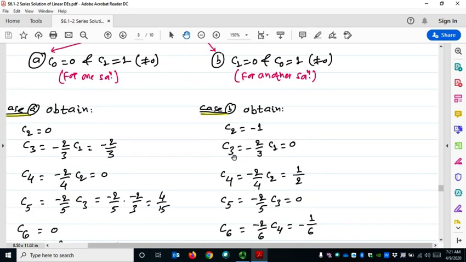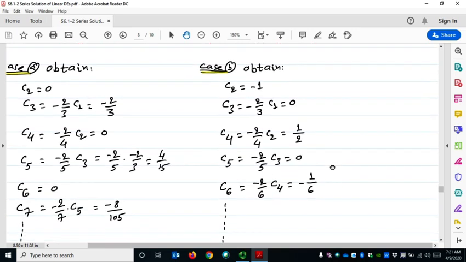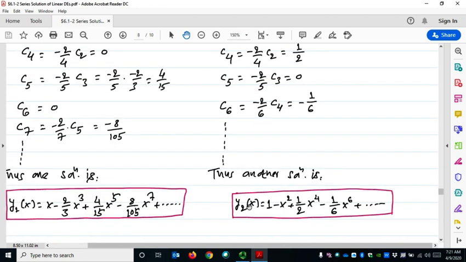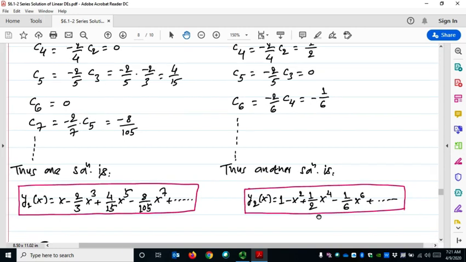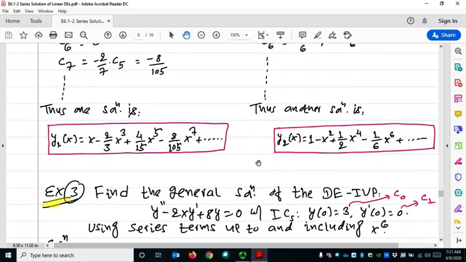Similarly c3, c5, c7 are 0, so that means we have all the even part. So another solution is y2(x) equals 1 minus x squared plus 1 half x^4 minus 1/6 x to the 6 plus dot dot dot. We found the two solutions.